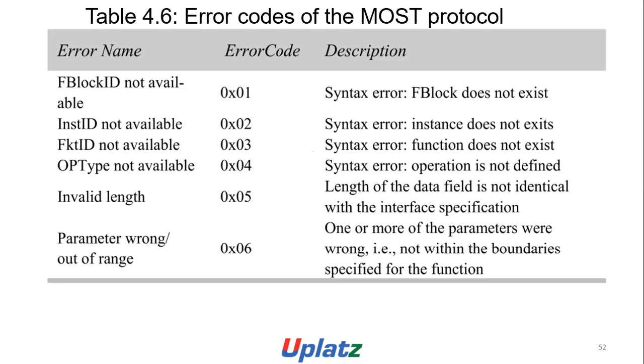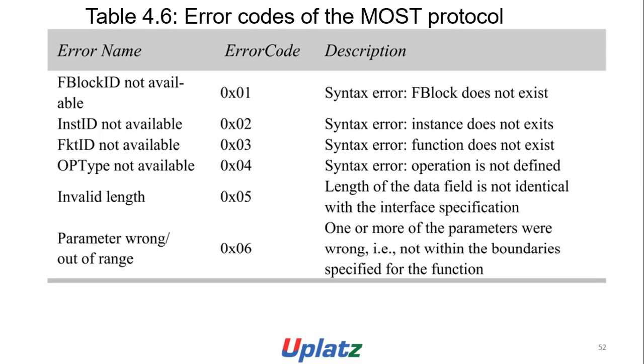Error codes of the MOST protocol: error name, error code, description. FBlockID not available, 0x01, syntax error, Fblock does not exist. InstID not available, 0x02, syntax error, instance does not exist. FktID not available, 0x03, syntax error, function does not exist. OPType not available, 0x04, syntax error, operation is not defined.